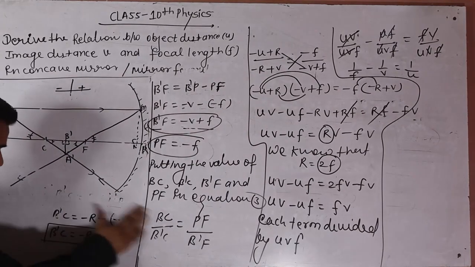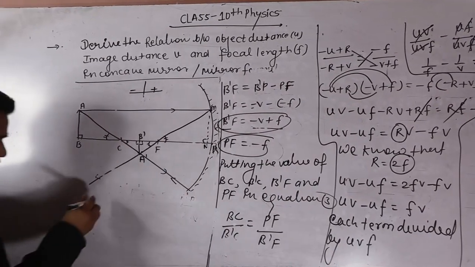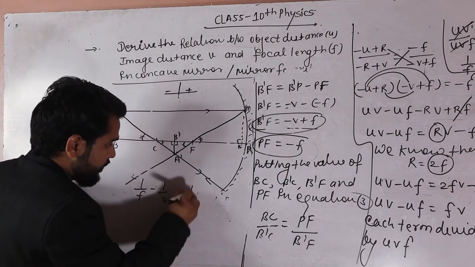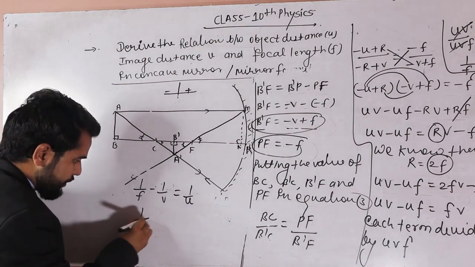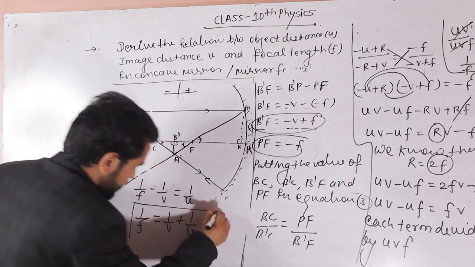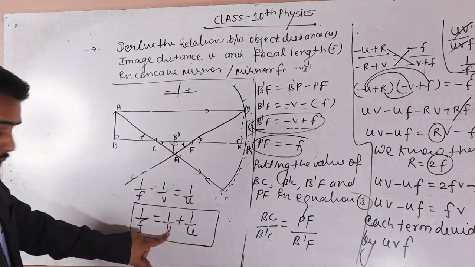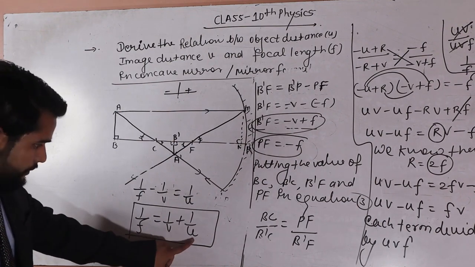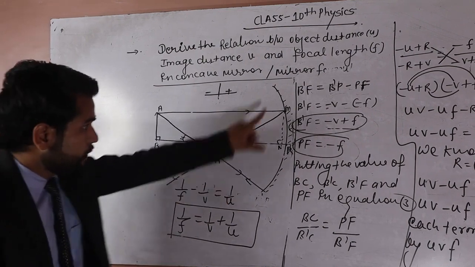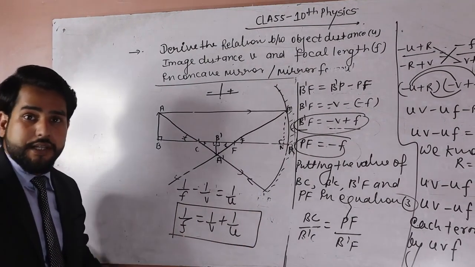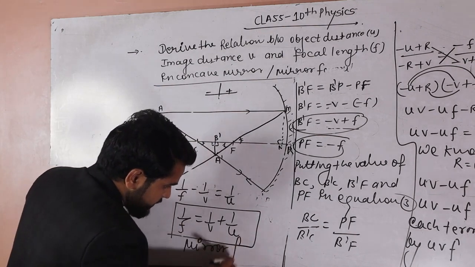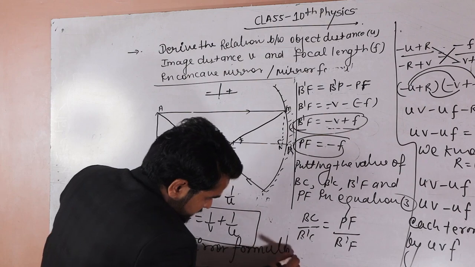So we have obtained 1 upon f equals 1 upon v plus 1 upon u. This is called the relation between image distance v, object distance u, and focal length f in a concave mirror. And this relation is also known as the mirror formula.